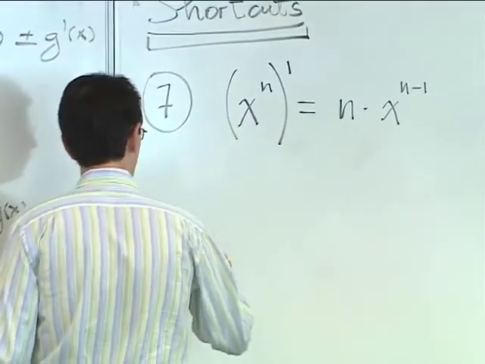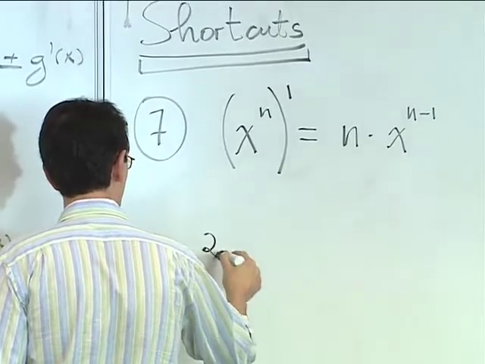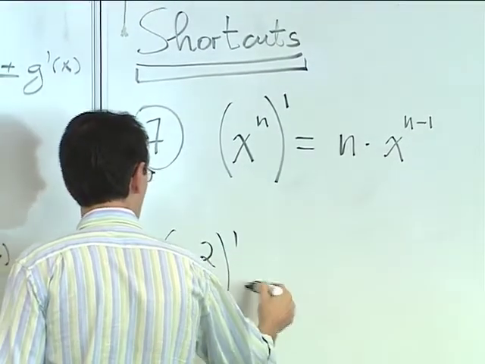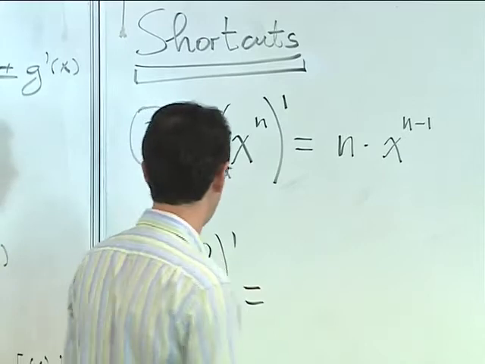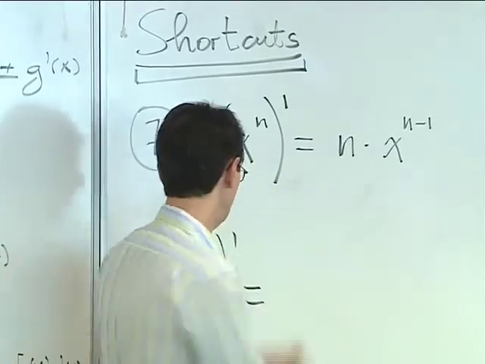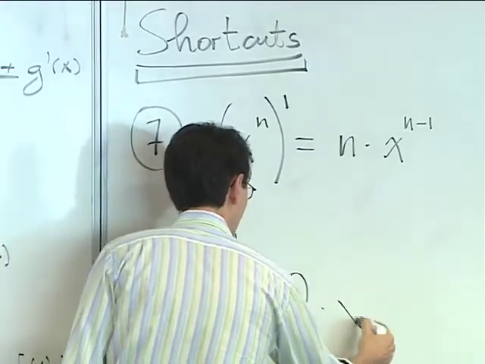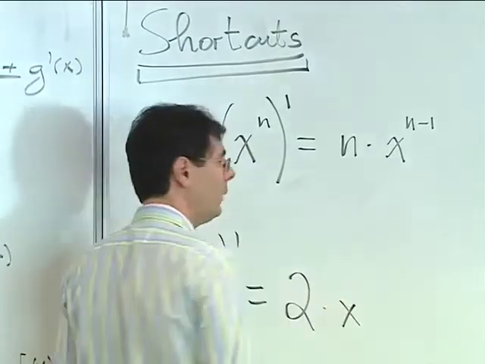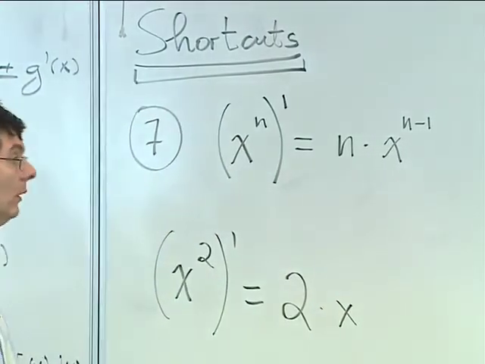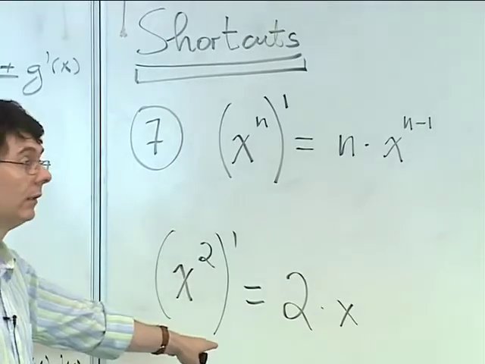If you want to find the derivative of x to the power 2, here's what you do. 2 multiplied by x to the power 1. So it's 2x. Exactly what we found before, by the way.